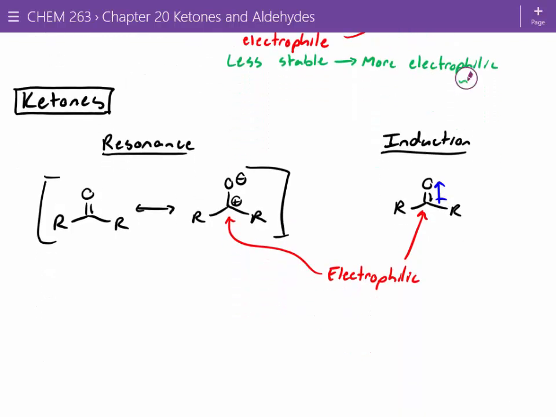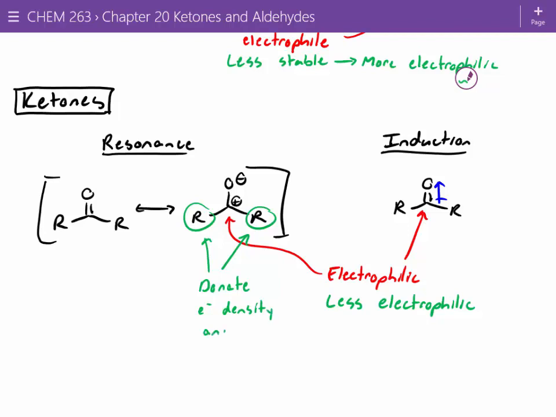And then this one we can say is less electrophilic, because these R groups can donate electron density and stabilize the carbocation.